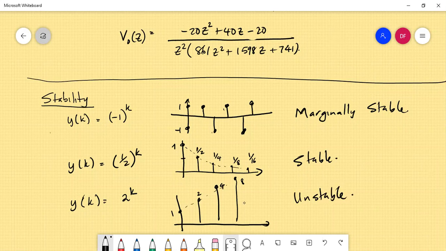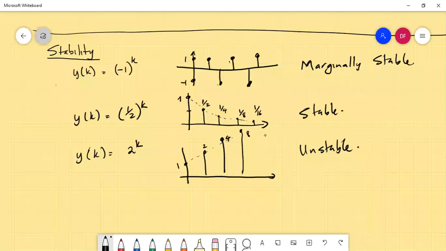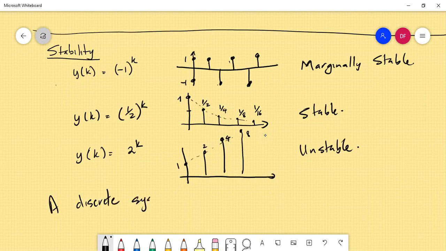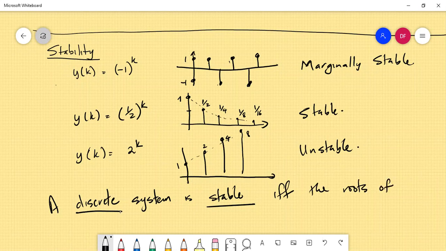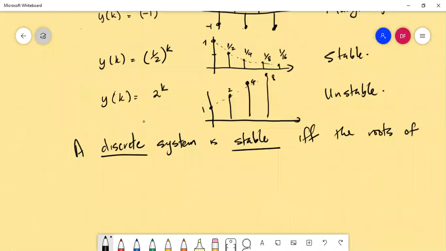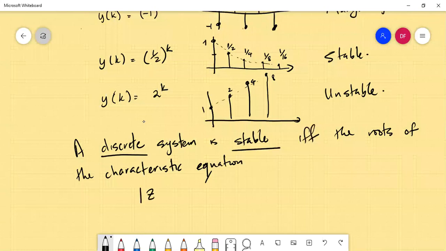So a discrete system is stable, and we're talking about discrete now, if and only if the roots of the characteristic equation have modulus less than 1.